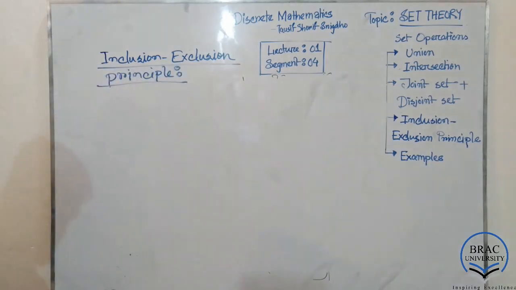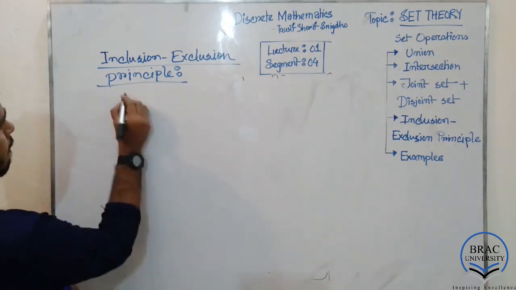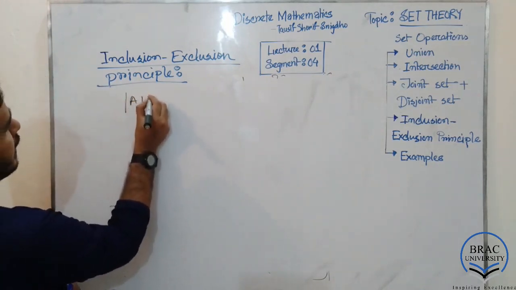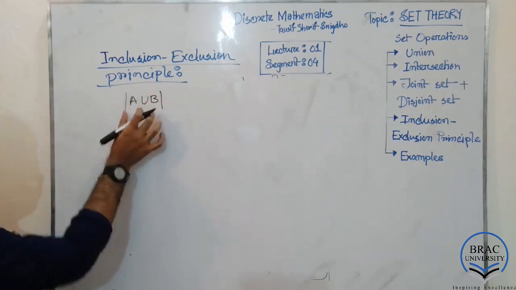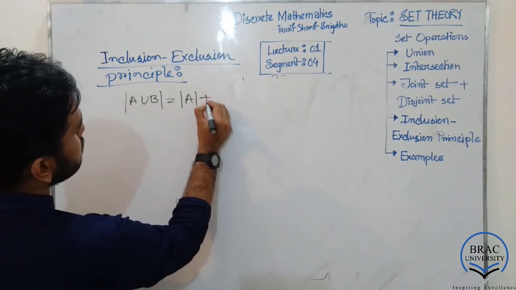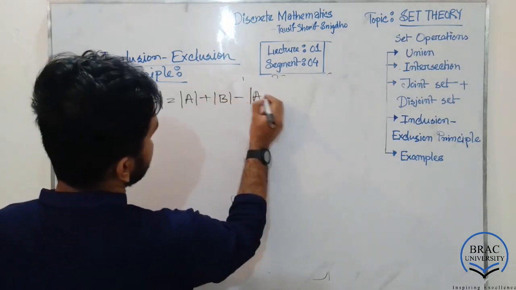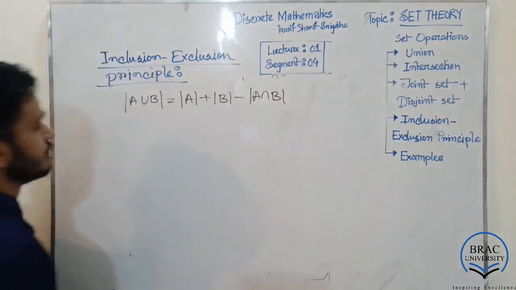So, what does this principle state? The cardinality of A union B is said to be equal to the cardinality of A plus the cardinality of B minus the cardinality of A intersection B.